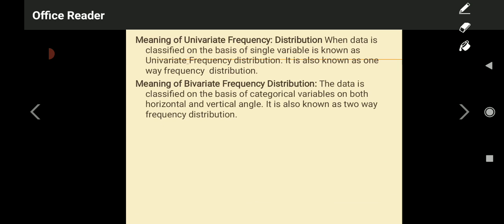When the data is classified on both angles, horizontal and vertical, that kind of frequency distribution is called bivariate frequency distribution. Now let us understand this with the help of calculation in the next class.